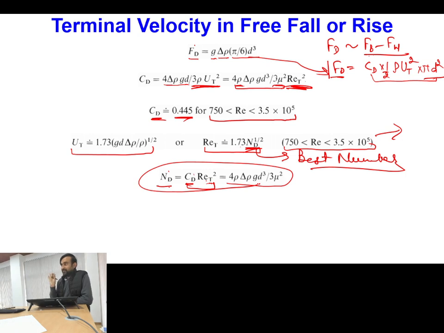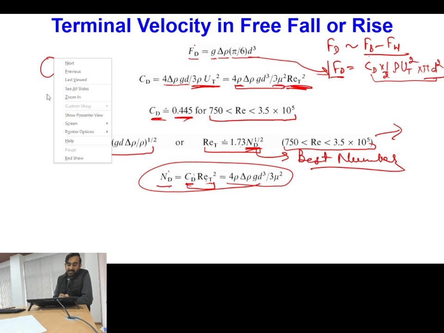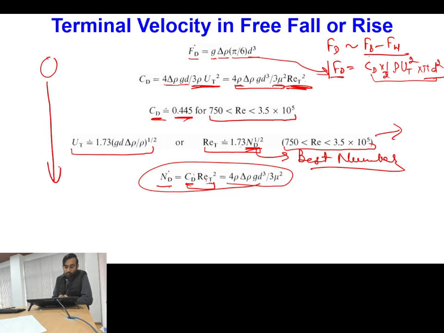You have to remember one thing: whatever theory we have applied will only be applicable if my sphere is following a vertical path while moving in the downward direction. But you will find for certain cases, when it is shedding alternate vortices behind it, what will be happening to a free falling sphere?